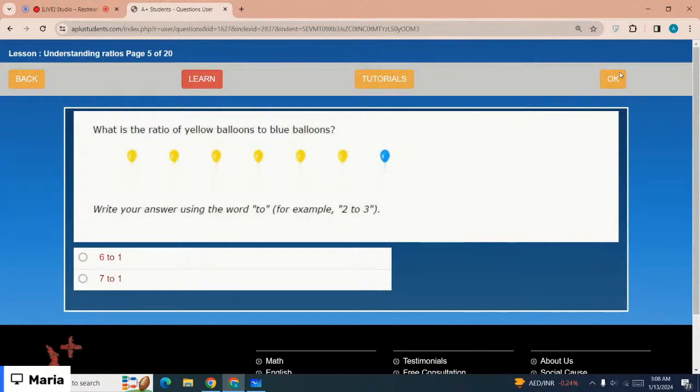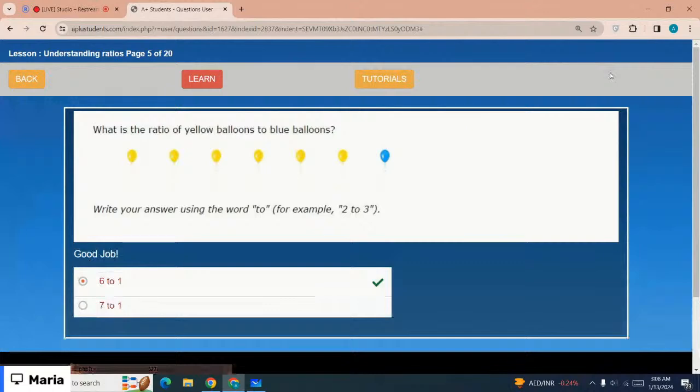Yellow balloons are 6 and blue balloon is 1. So that is 6 to 1. The correct option is 6 to 1. Got it?